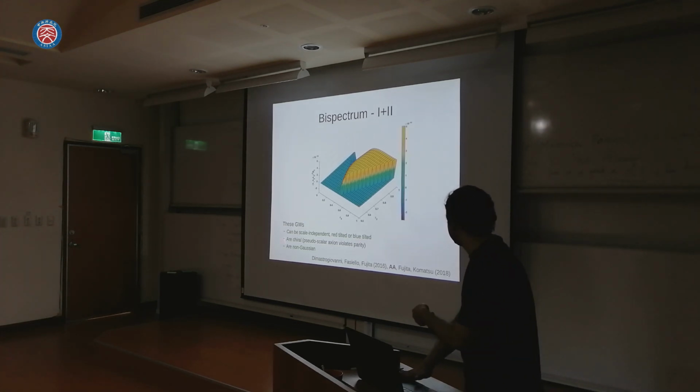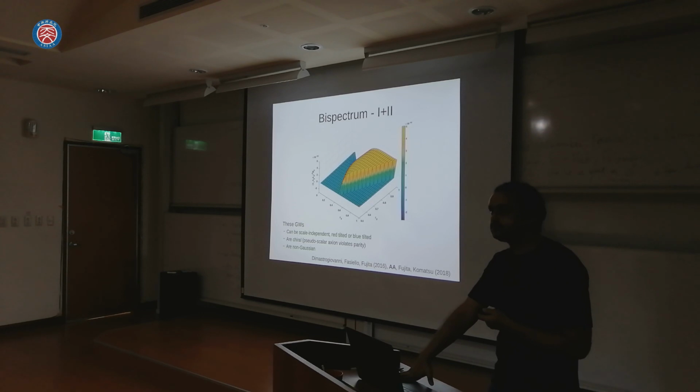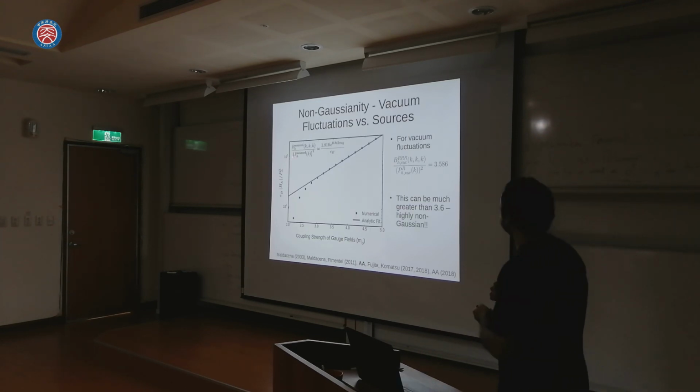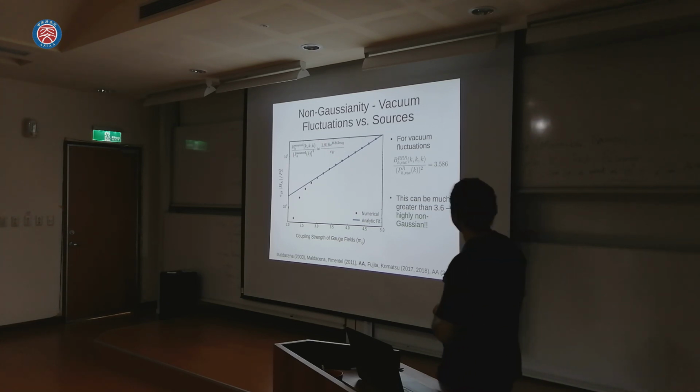And lastly, these gravitational waves are also non-Gaussian, and we would like to characterize how non-Gaussian they are compared to, say, the vacuum fluctuations. This is shown roughly in this plot, but what is important is this equation, which looks at the ratio of the skewness of the gravitational wave amplitudes with respect to the square of their variance, and this is inversely proportional to the energy density of these gauge fields, roughly.